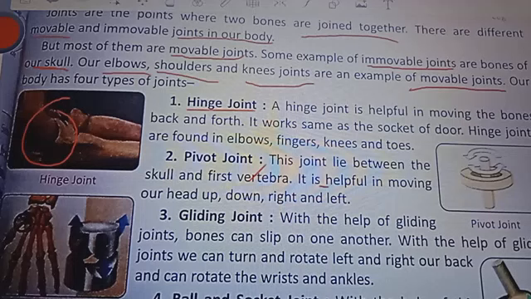Because of the gliding joint, we can rotate our wrist. See, this is the wrist portion. We can rotate here, right, children? Just try it out. We can also rotate our ankles, the foot part, in the same way. It is because of the gliding joint.